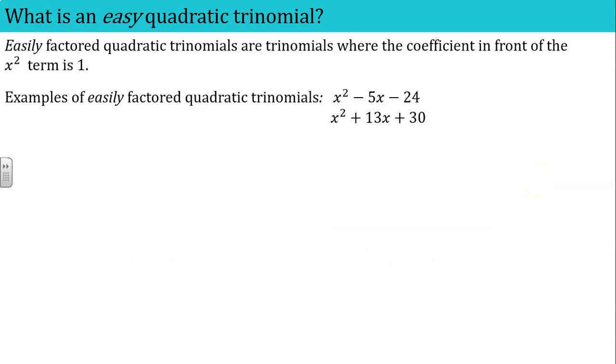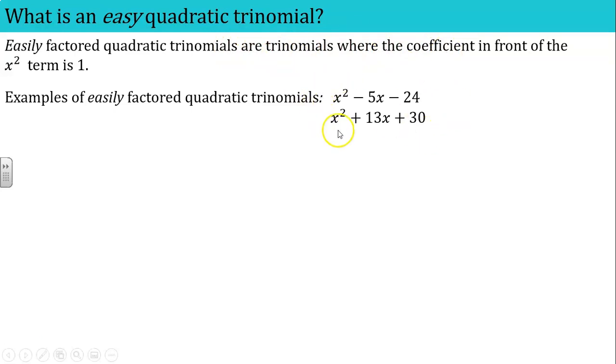So I break quadratic trinomials into 2 different types, easy ones and hard ones. So let's talk about what my definition of an easily factored quadratic trinomial is. Easily factored quadratic trinomials are trinomials where the coefficient in front of the x squared term is 1.